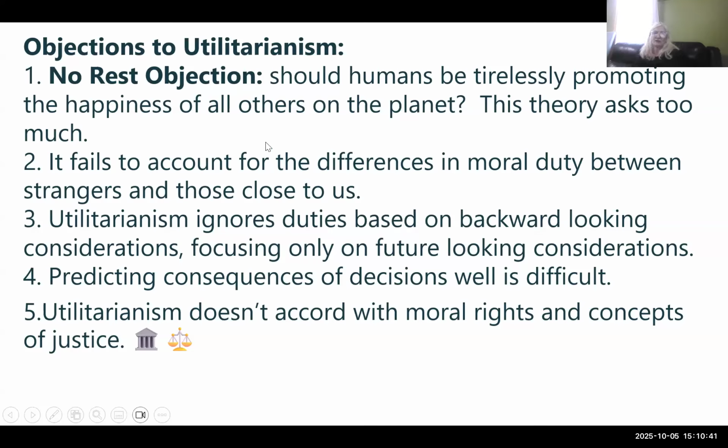Another objection to utilitarianism is it fails to account for the differences in moral duty between strangers and those close to us. At least it's sort of a general moral intuition that the preferences of parents, family members, loved ones, friends, colleagues, neighbors, etc., all have decreasing demands on us as they get farther estranged and farther from our inner moral circle.